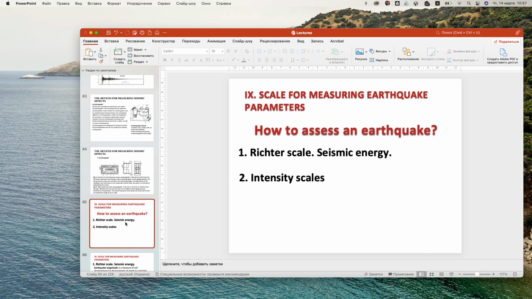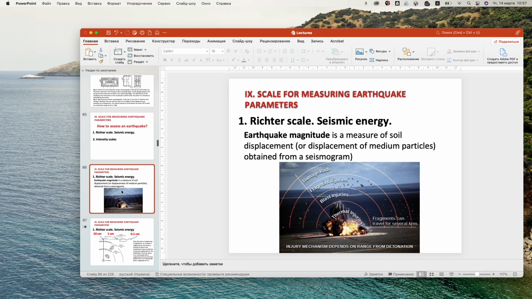Same situation with the parameters of earthquakes. They are measured and defined in various ways. So the first way to define the parameters of an earthquake is to use the Richter scale. The Richter scale is the scale which measures seismic energy.